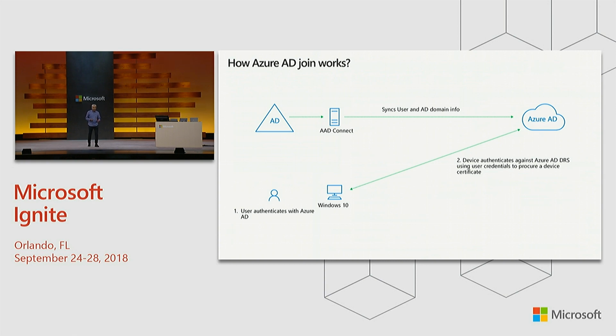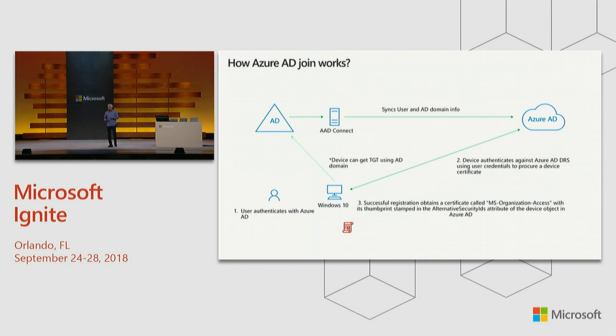That is the service that takes the user credential and the device certificate, and obtains a certificate called MS-Organization-Access with the actual thumbprint. It then writes that into the alternate security IDs attribute of the device object in Azure AD. And earlier we explained the flow of how you can then take that information and send it to AD to get your Kerberos TGT, and start getting access to your on-premises resources.